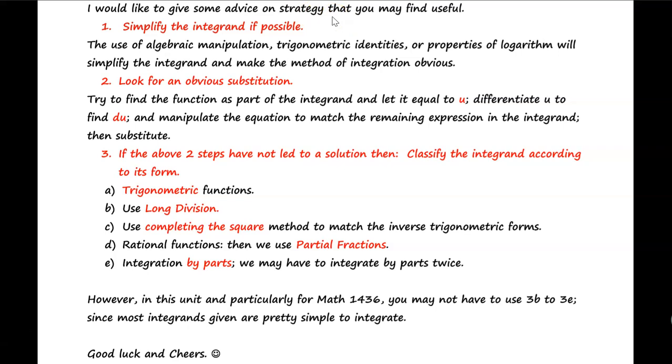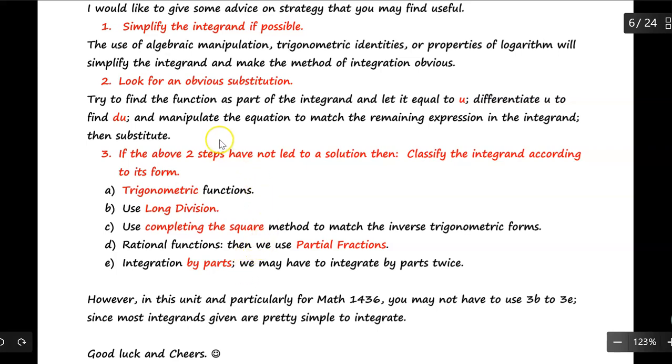Right now, whatever steps I'm giving you are probably not clear at this point, because you have to do a few examples in order to recognize why I put all of this strategy together. When you integrate a transcendental function, you need to analyze it and see which method will apply.